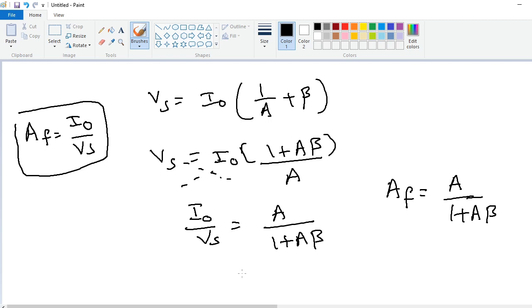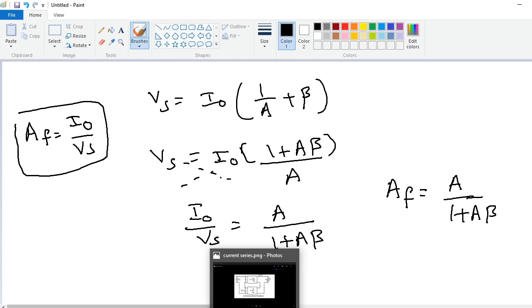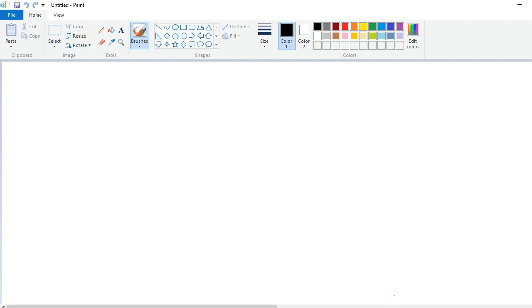Now coming to the input resistance derivation. Input resistance RIF is equal to Vs divided by Ii. Here current is same in series mixing. Voltage is affected. That's why here Vs is considered.